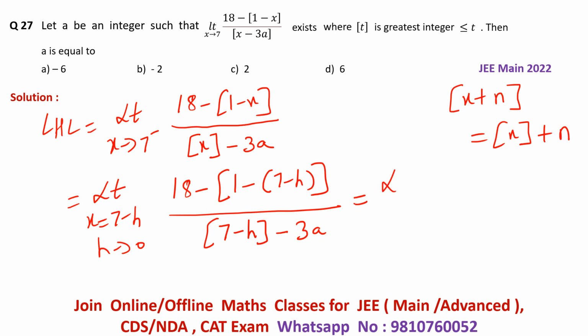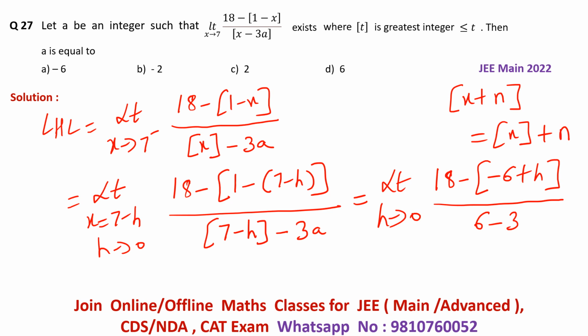Now this can further be written as limit h tending to 0, 18 minus GIF function of (minus 6 plus h), whole divided upon. Now 7 minus h clearly means it's a value smaller than 7, suppose 6.99, and the GIF function of this value is going to be how much? It is just 6. So this is 6 minus 3a in the denominator.